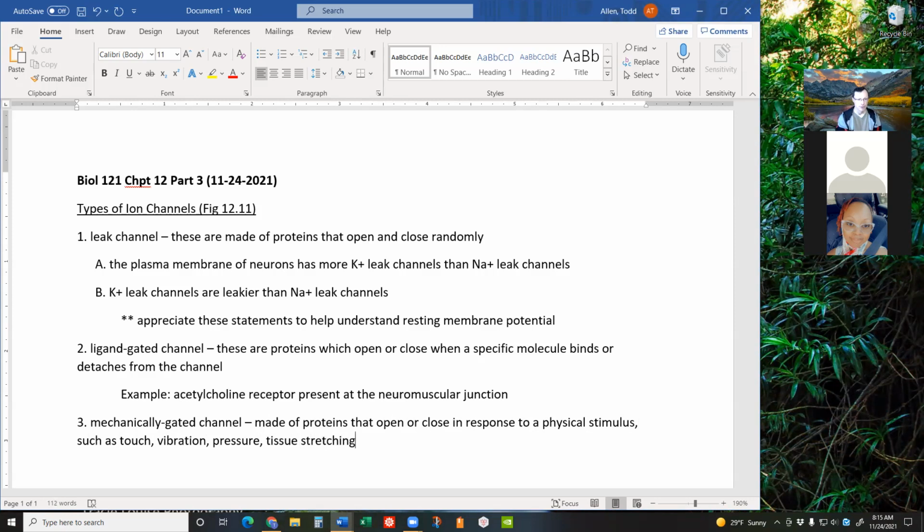Okay, it's probably the case this weekend, particularly with the holiday coming up, that you might see some old friends or family members you haven't seen in a while. So you're probably likely to get a hug or a kiss. You're going to be aware of the sensation of the hug or the kiss because it's all going to start with mechanically gated channels opening in response to that hug, which is going to allow ions into the neurons that are embedded in the dermal layer of your skin.